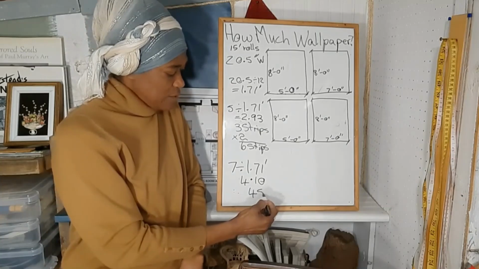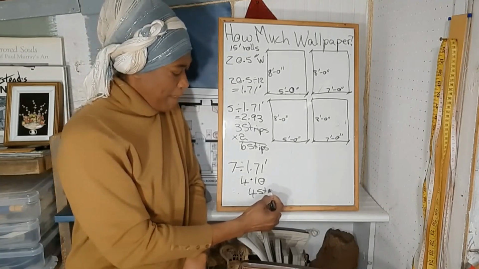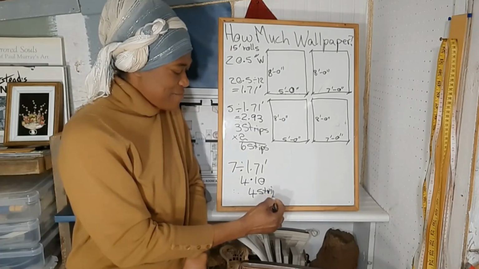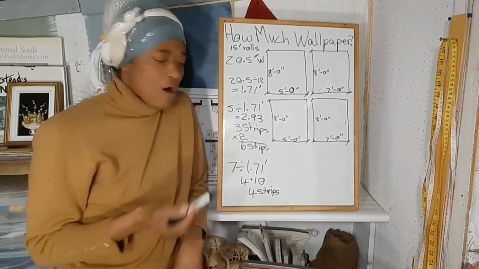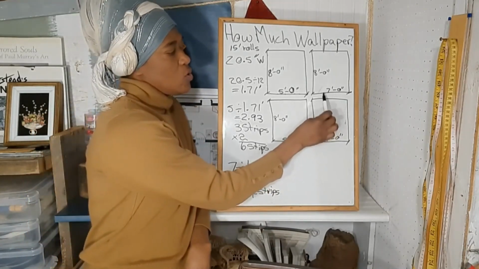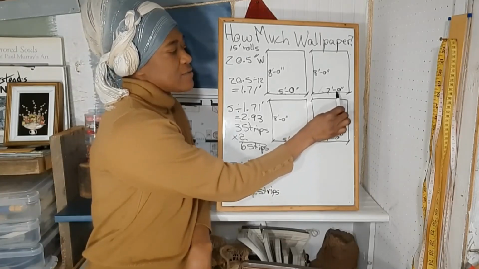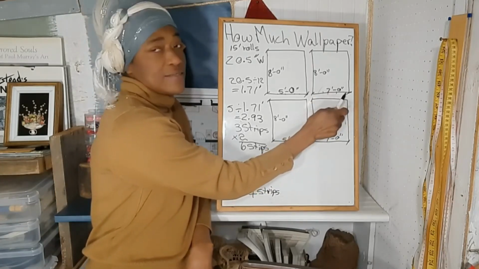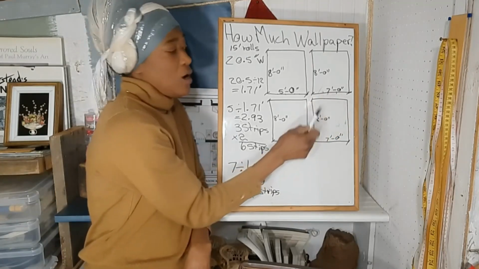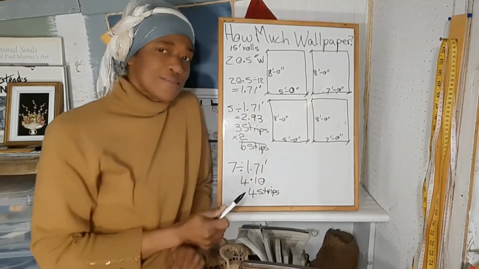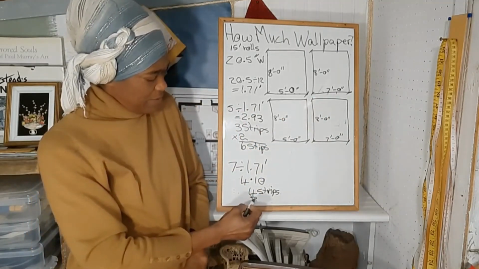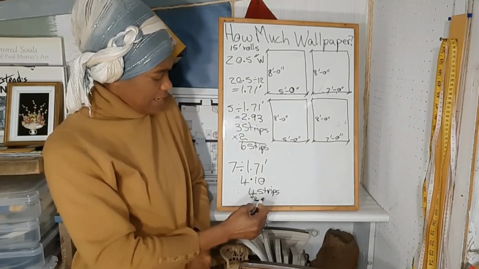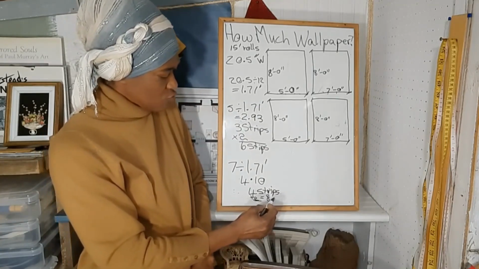So we need 4 strips or widths of wallpaper to go across this 7 feet wall. However, we have 2 walls that are 7 feet. So we'll take the 4 and multiply by 2 and we get 8 strips.